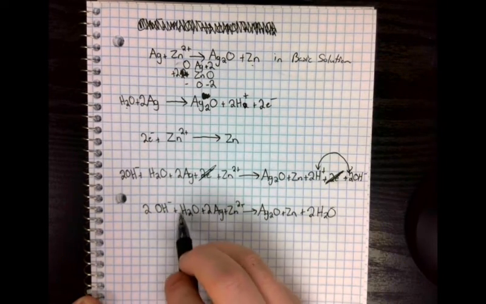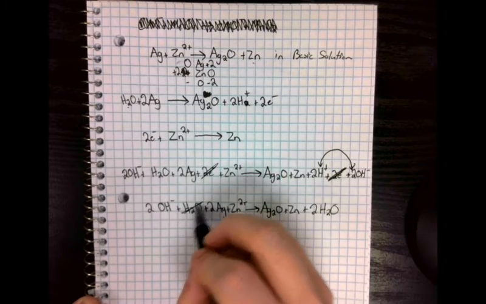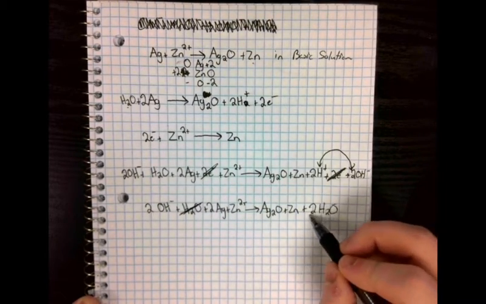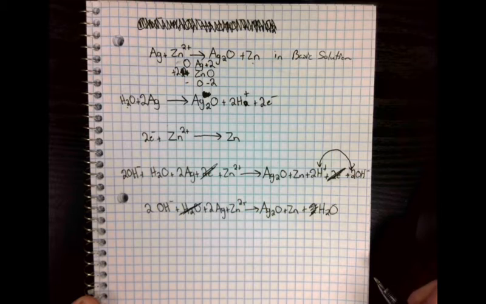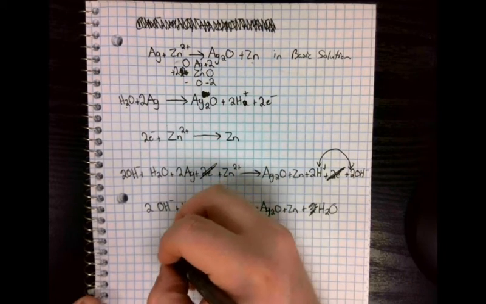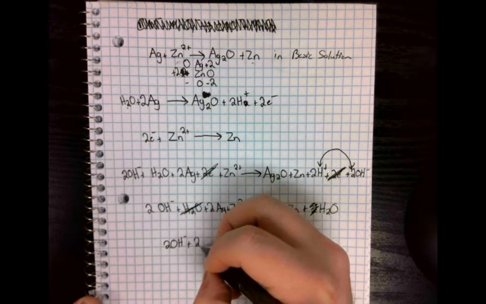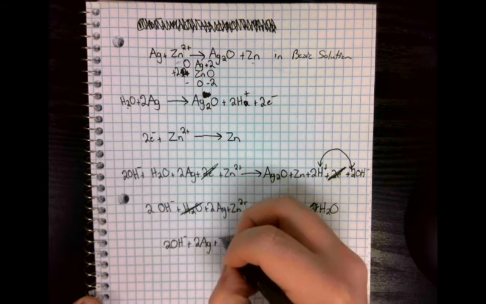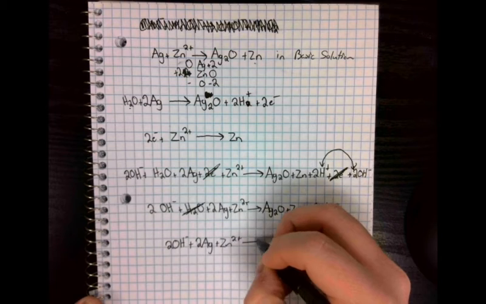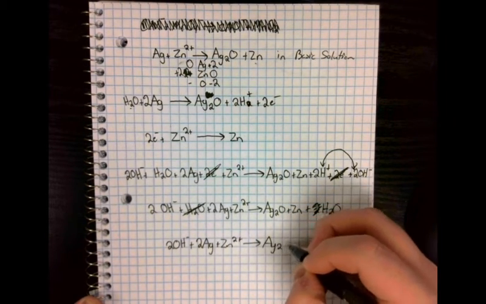And notice I have pieces that cancel again. One of these H2Os is going to disappear. And I'll be left with my final answer, that is 2OH- plus 2Ag plus Zn2+ gives us Ag2O plus Zn plus H2O.